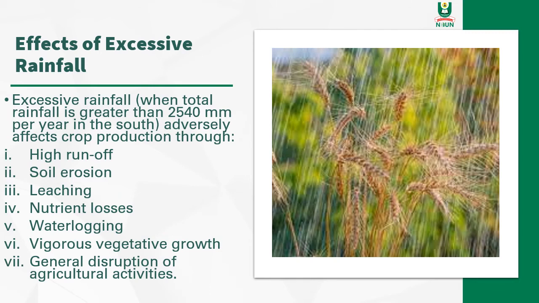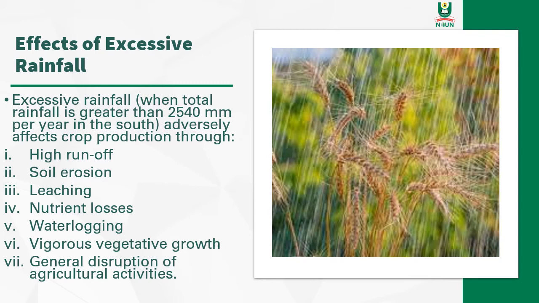However, the effects of rainfall should not be underestimated. We have excessive rainfall when the total rainfall is greater than 2,540 millimeters per year in the south. That's when you have excessive rainfall.